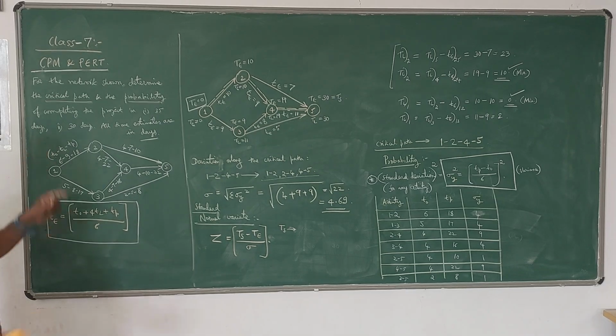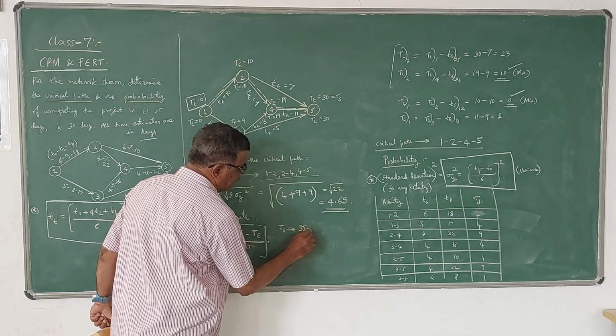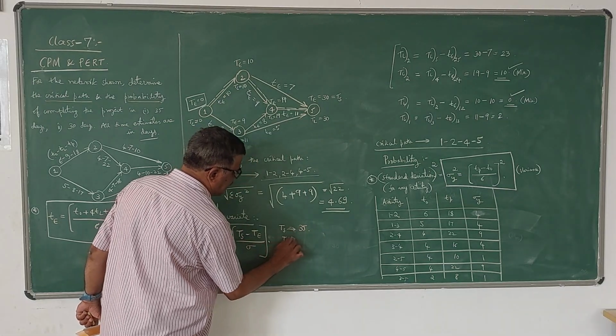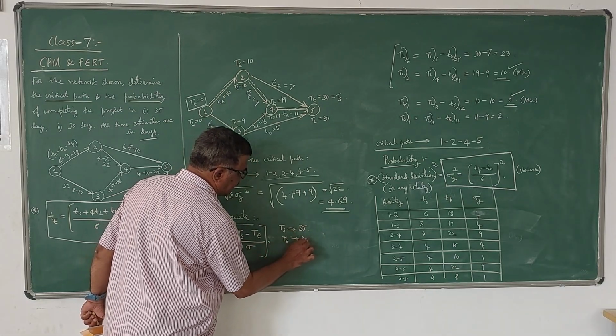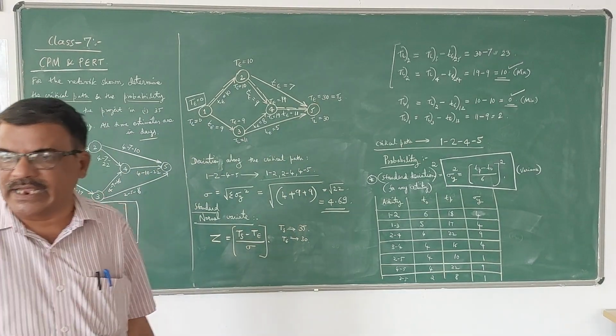So Ts becomes 35 days. Then Te, the last value, is 30. That is the scheduled time.